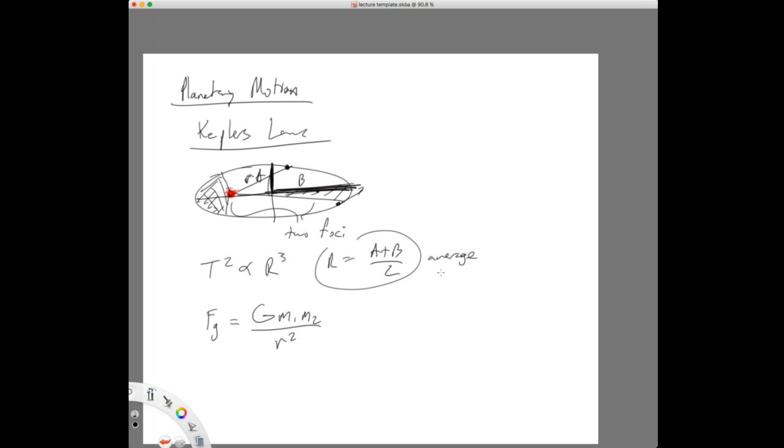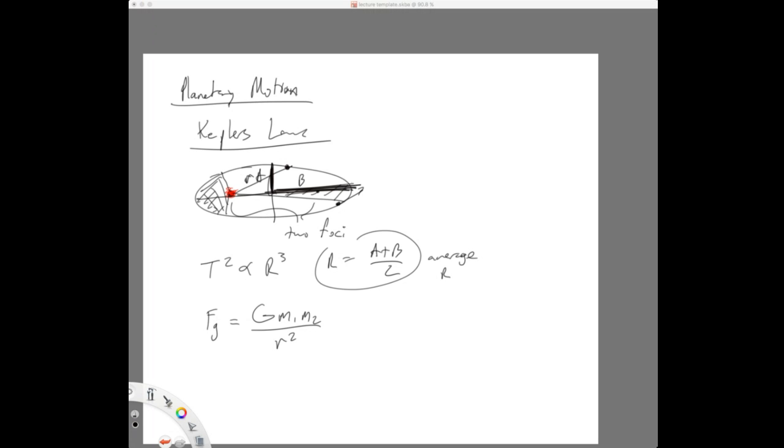So if we look at this, and then we have circular motion. Now I showed you an ellipse that was not very circular, but most of the planets are almost circles, which is why everyone thought they were circles for a long time. They're very close to perfect circles. Some are a little bit more elongated than others.